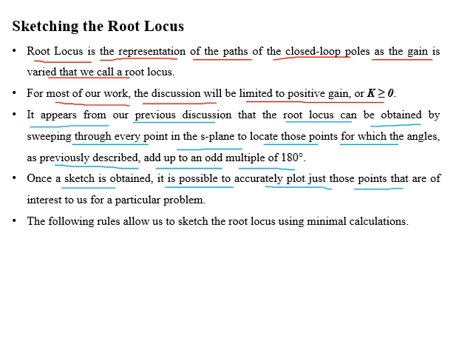Once the sketch is obtained, it is possible to accurately plot just those points that are part of root locus. The following rules are used for plotting root locus for a closed loop system.